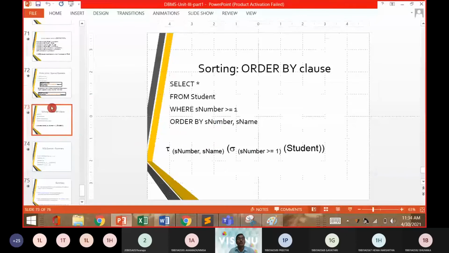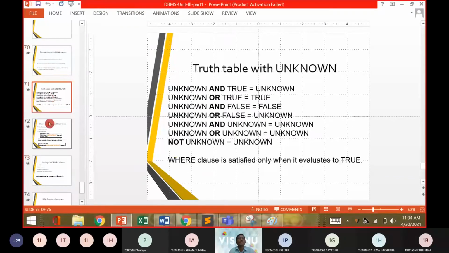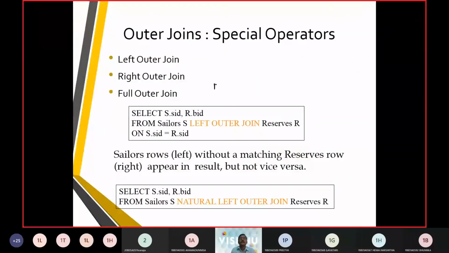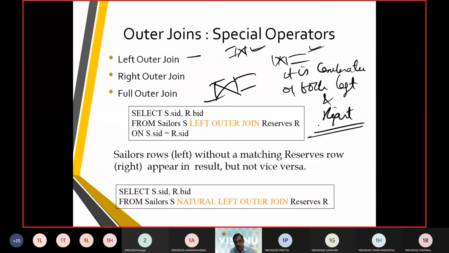What is a full outer join? It includes both the tuples. In left outer join, it takes only the left side. In right outer join, it takes the right side. But now it is a combination of both left and right.